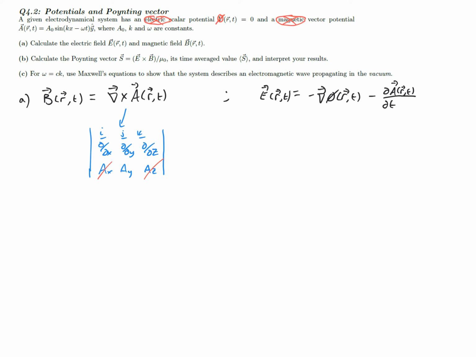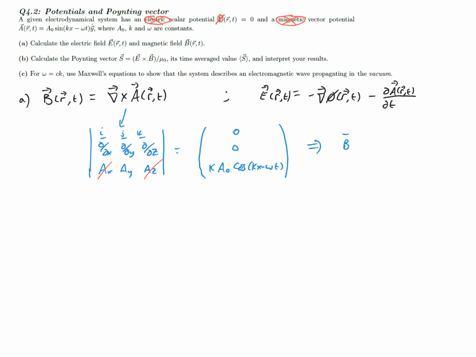Then we can just write this curl extremely simply, because the x and y components of the curl will be 0, and the z component that features the Ay just involves the x derivative of that. And so we just end up with this expression. Extremely simple.